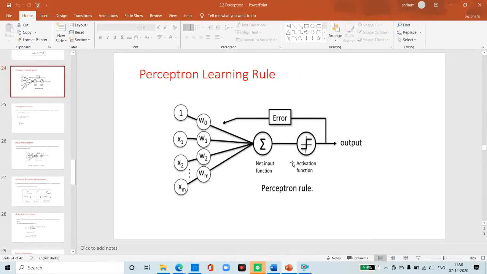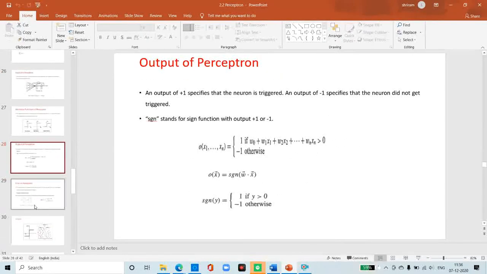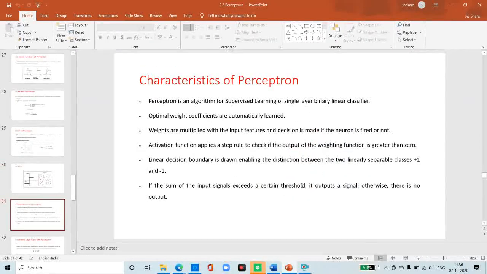Throughout the neural network we use this binary classification problem: classify the neurons as positive or negative. Okay, so optimal weight coefficients are automatically learned. This is the second characteristic of a perceptron. The third one is that the weights are multiplied with the input features and a decision is made whether the neuron is fired or not.